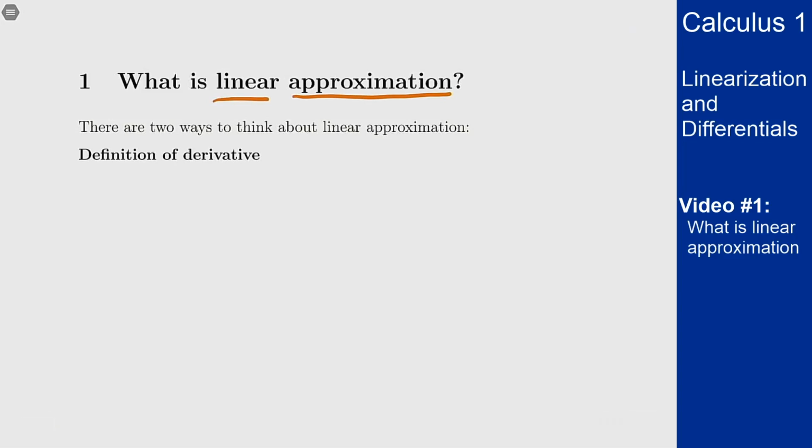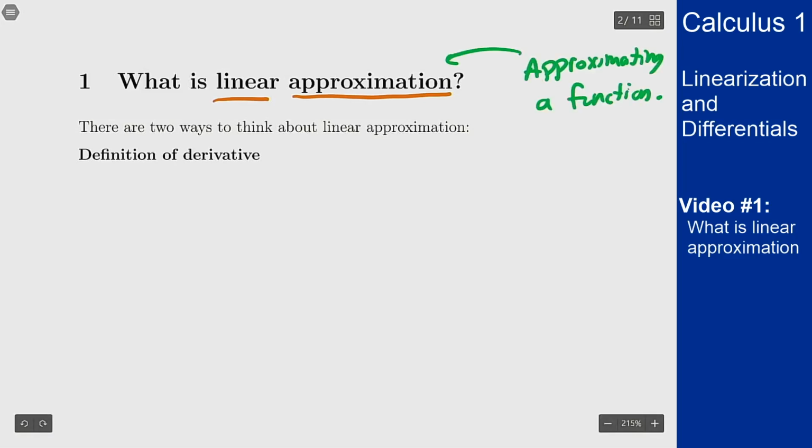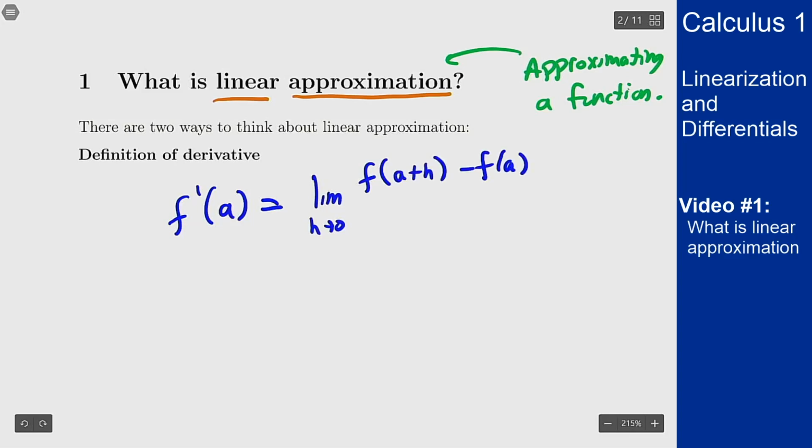The first is using the definition of derivative. So we're talking about approximating some function here by a line that should be a good approximation of this function. So look at the definition of derivative. What do we see? Well, the definition says that the derivative at some point a is equal to the limit as h goes to 0 of f at a plus h minus f of a, all over h.